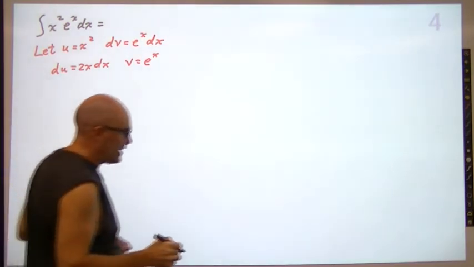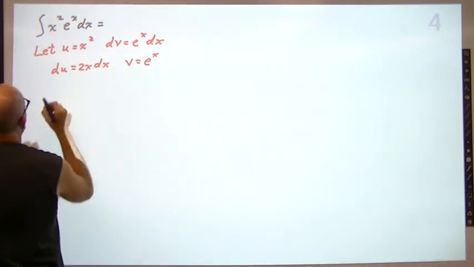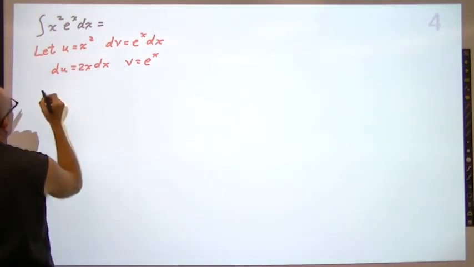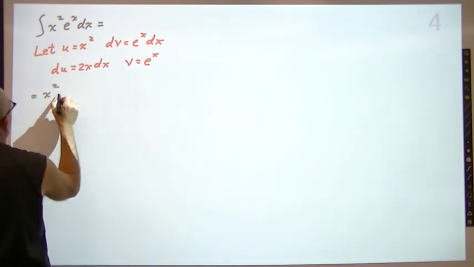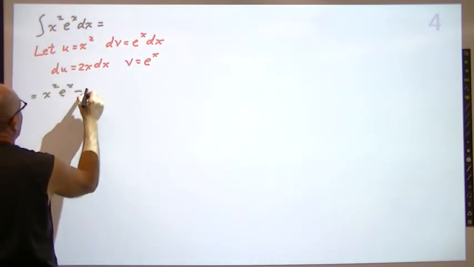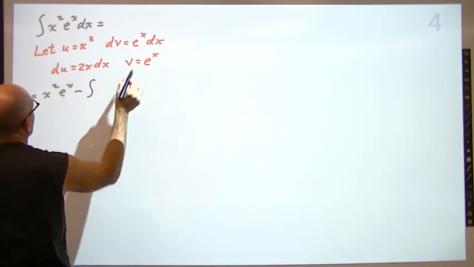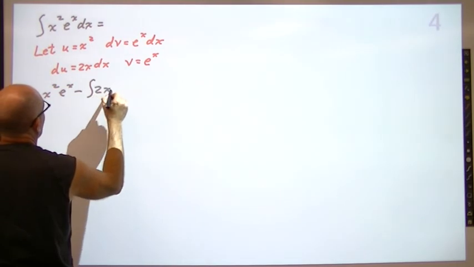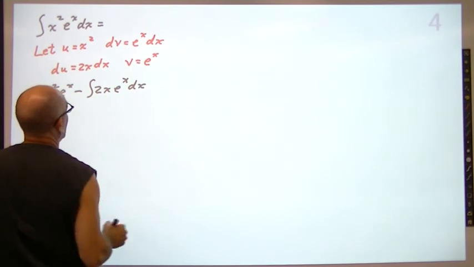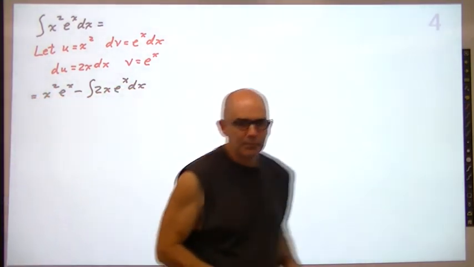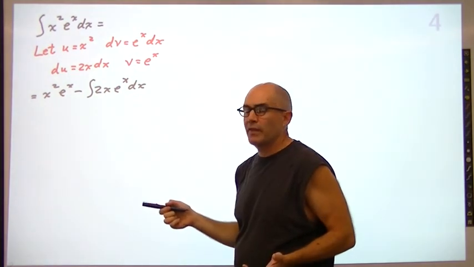Now, we end up with uv, which is x squared e to the x, minus the integral of v du. Okay, so notice we still have a product here that we need to deal with.